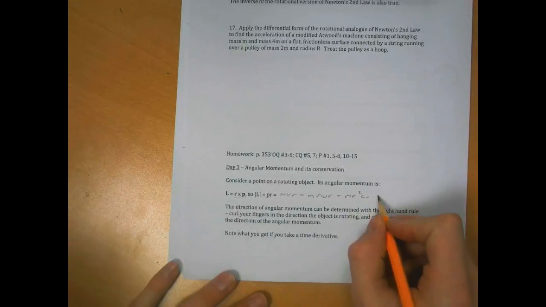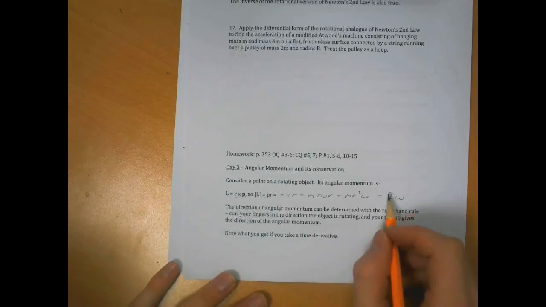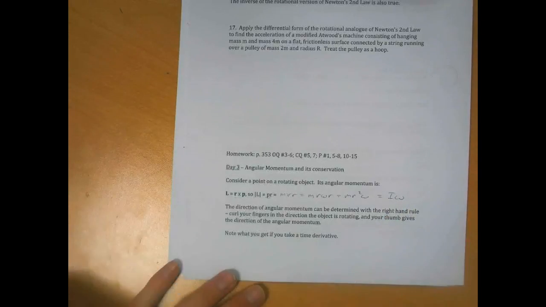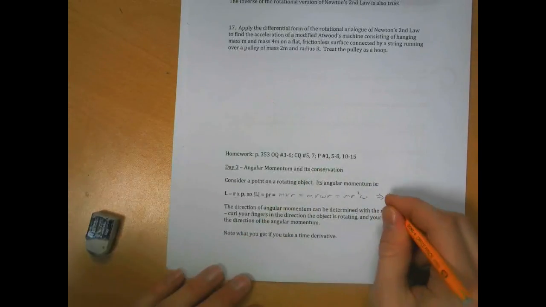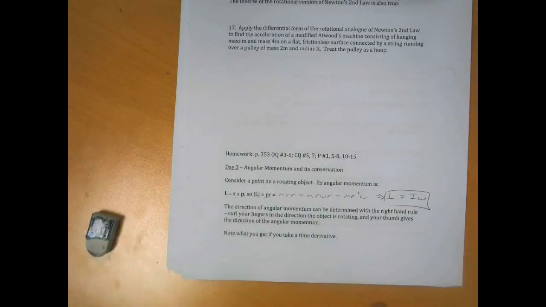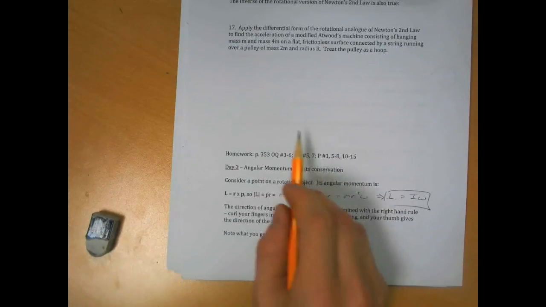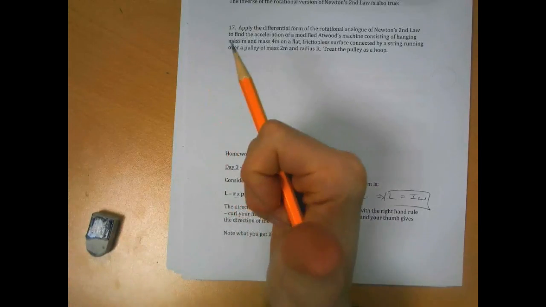In general it is true that the angular momentum of a rotating object is equal to I omega. The direction of angular momentum can be determined with the right hand rule, so for rotating this way we curl our fingers that way and then our thumb points in the direction of the angular momentum.